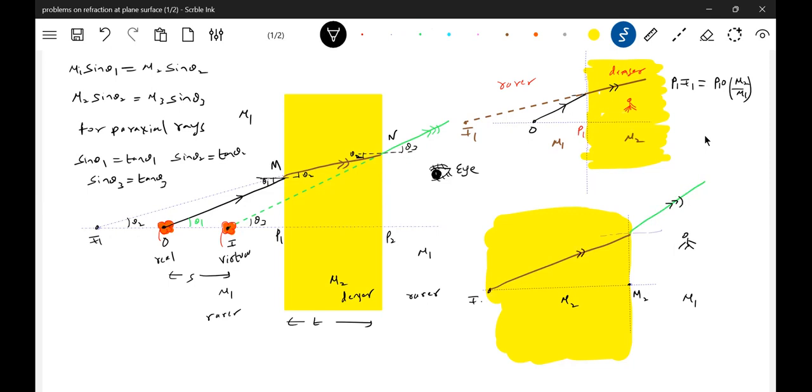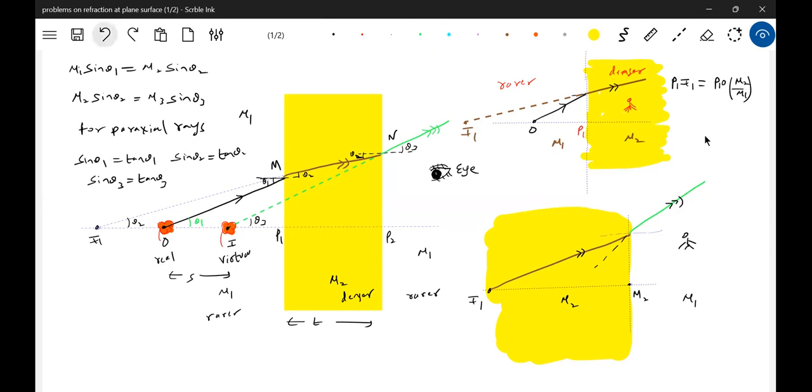Sir, P1O into mu1 by mu2 should come, no, sir? What is the refractive index of the medium in which the object is there? You are viewing from a medium of refractive index mu2.